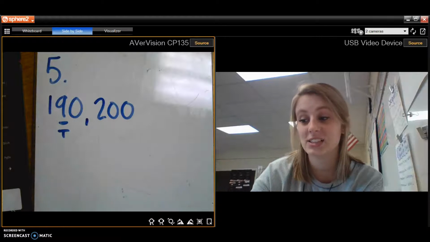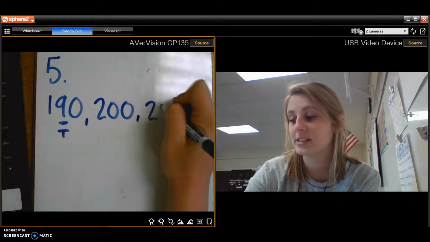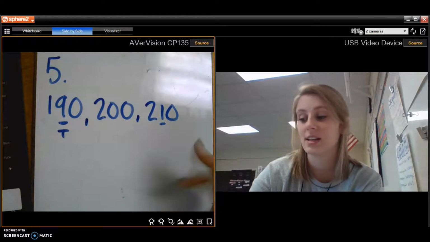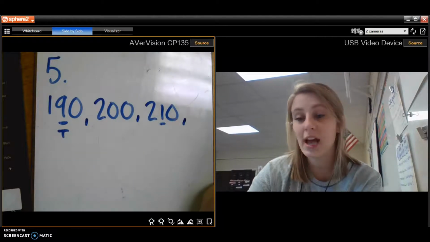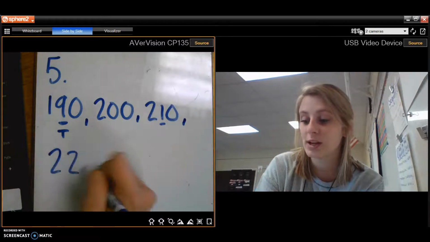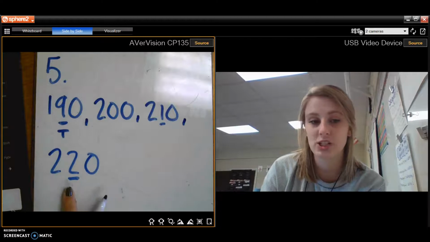If we add 10 to 200, our next number is 210. Notice the only number changing now is our tens place. The number that comes after 210 would be 220. Notice the only number changing.